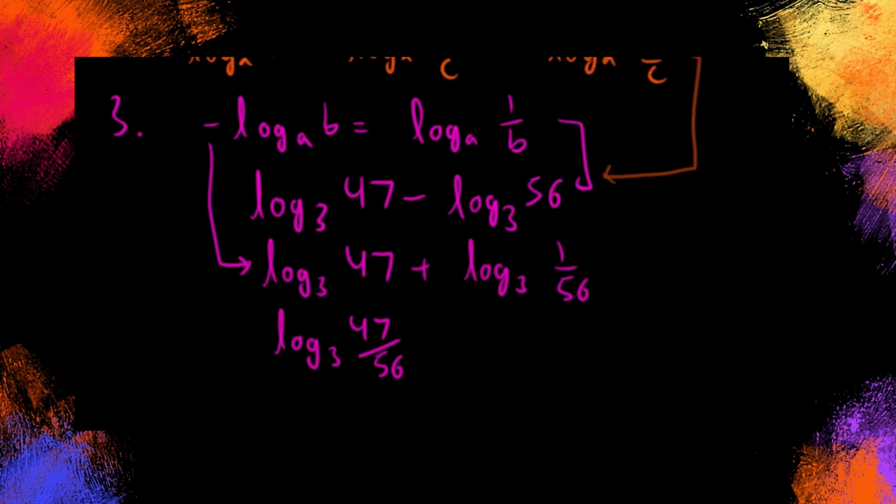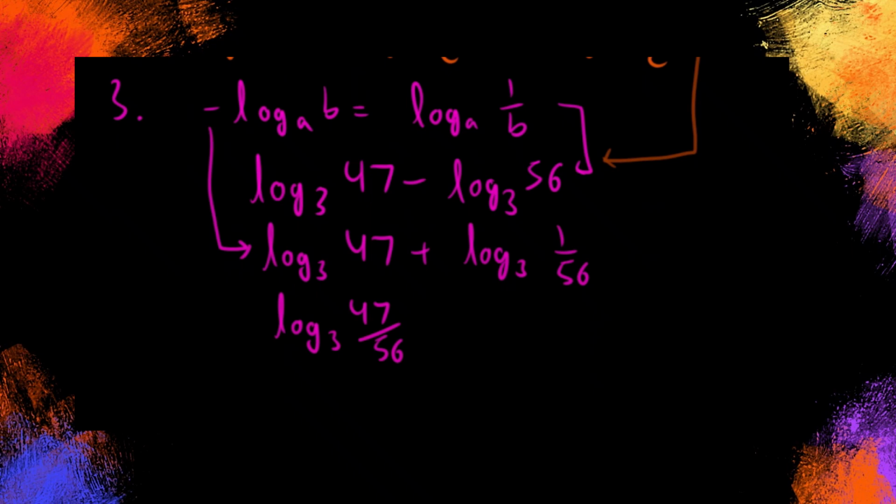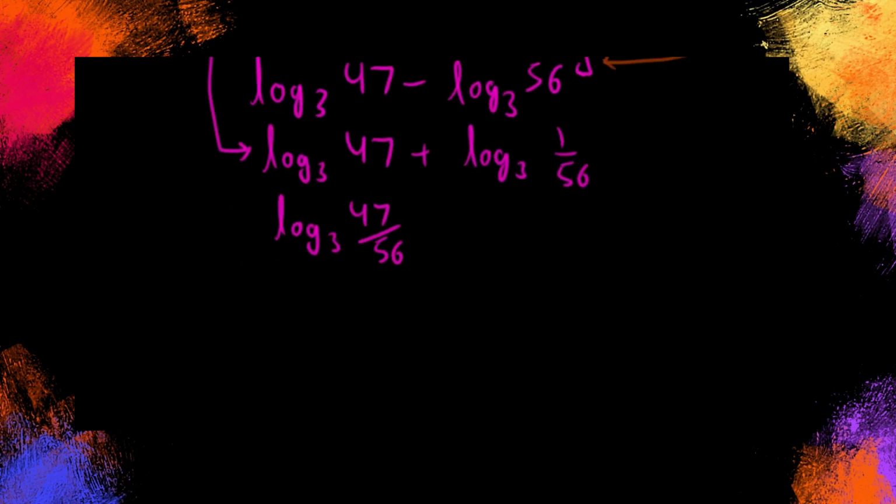All right. So now let's move on to yet another rule, and that is going to be essentially a division rule. It's a different type of division than the quotient rule, and you'll see why. So this goes something like this: log a of b divided by log a of c is equal to log c of b.